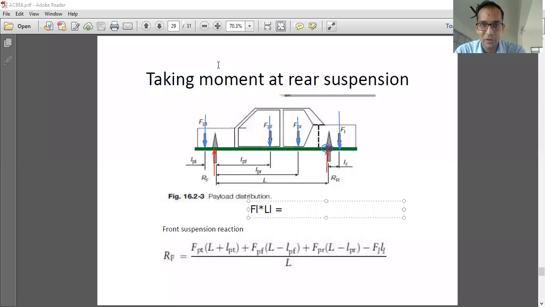I am not having that configuration to show, but I'll place a curve so that you will be able to understand it. Okay, this one is somewhat clumsy, so I should go for a red color pen and show it. So this is the moment in clockwise direction towards the rear suspension. I am designating it as FL multiplied by LL.